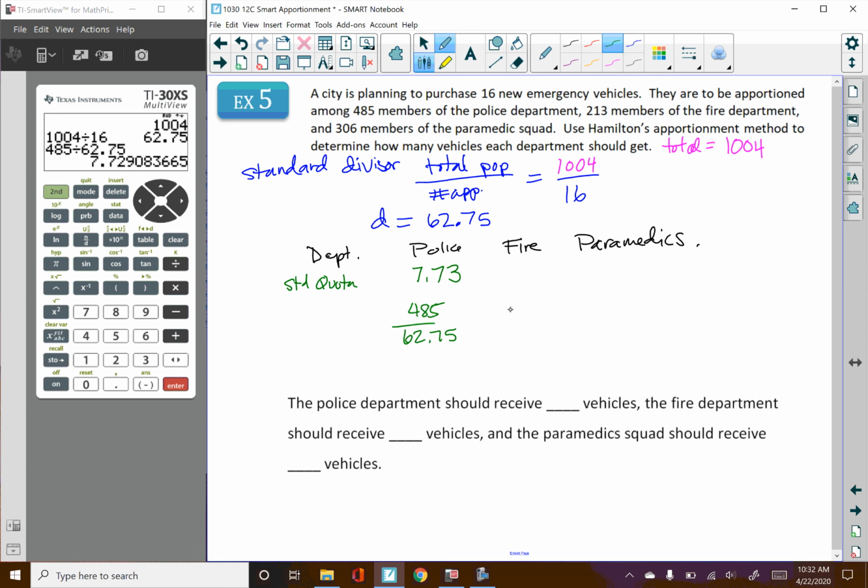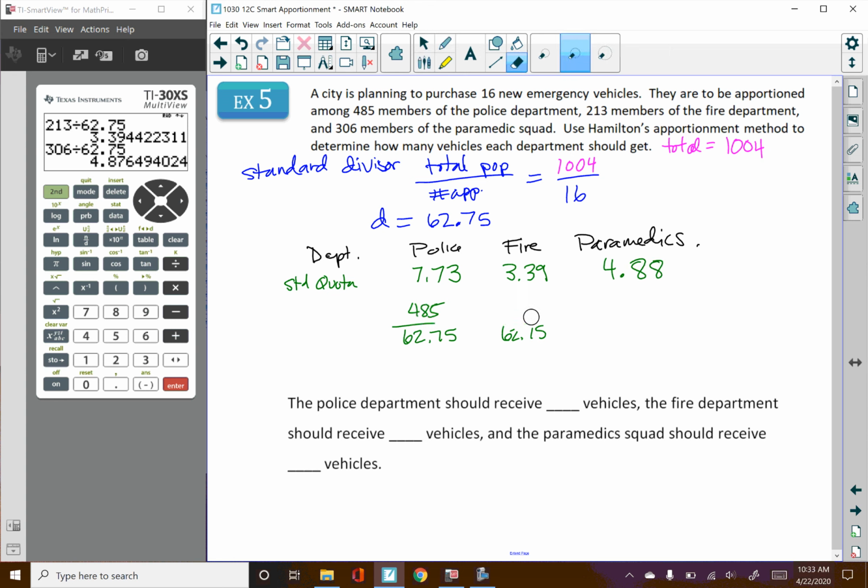For the fire department, they have 213 members. So if we divide that to get their standard quota, it is 3.39. And finally, the paramedics, they have a standard quota of 4.88.